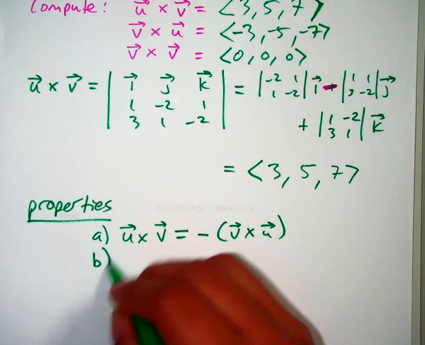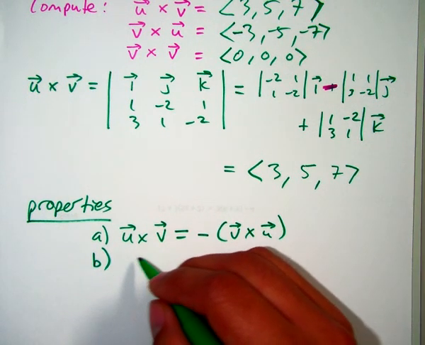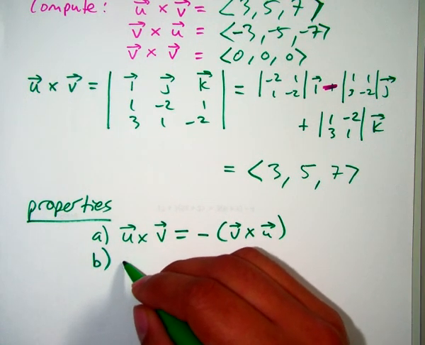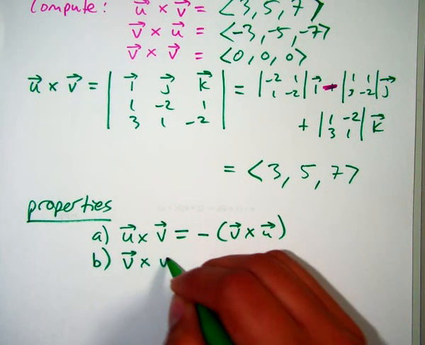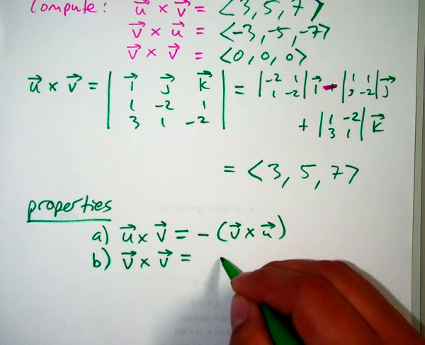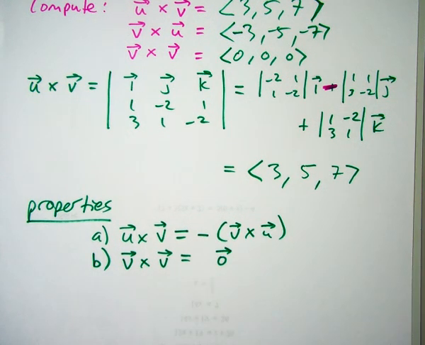If we take a cross product of a vector with itself, we get the 0 vector. Okay, we're going to fill in more properties tomorrow, but here's what I want to end with first. So we'll come back to this.